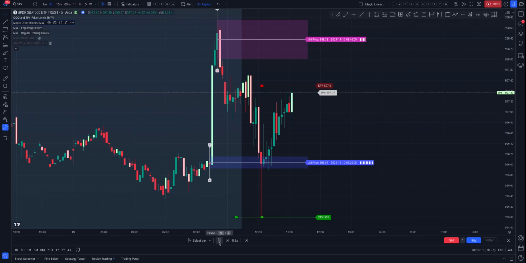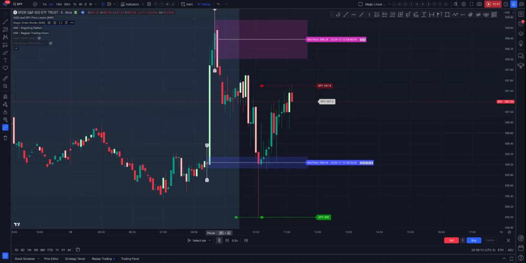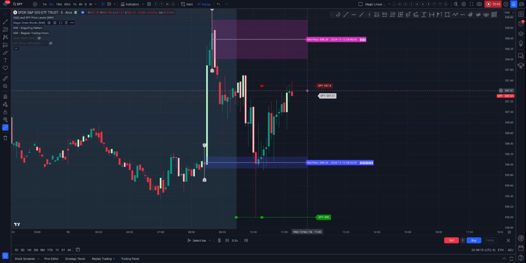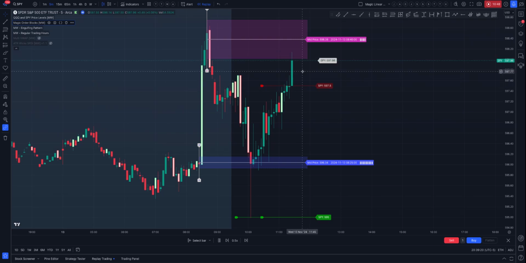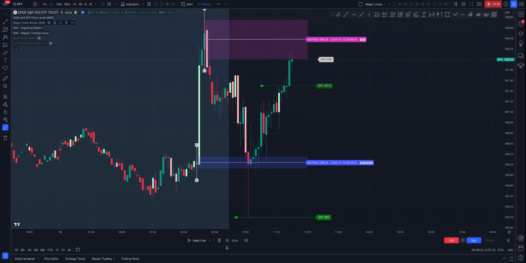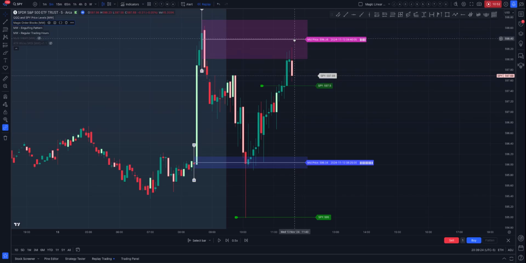So let me press play. And there was the bounce off 579.50 again. So after it's done that, it just blasts through it, hits this next order block, and drops back down. I think that was the last trade I got in on, and did nicely on it. Because once it gets into the zone, really what you want is a deep penetration into this zone.